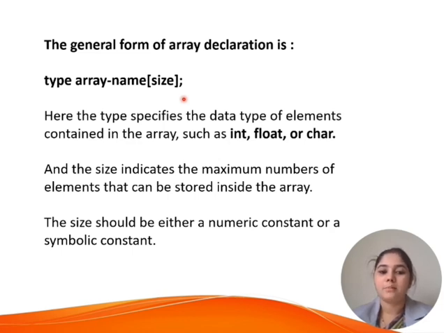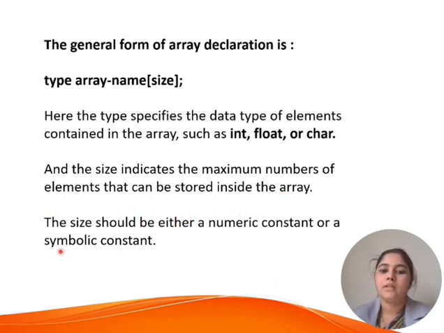For example, if you give the size as 5, only 5 elements can be stored in the array and not 6. Suppose you give the size as 6, you can store up to 6 elements. So size is nothing but the maximum number of elements that can be stored inside the array.